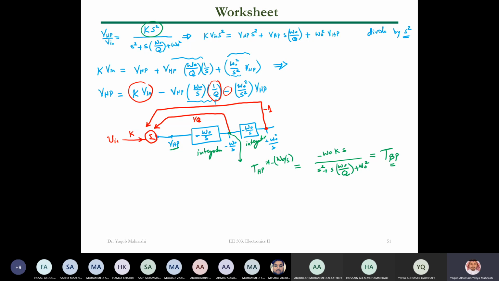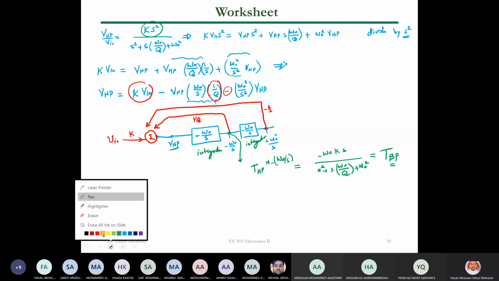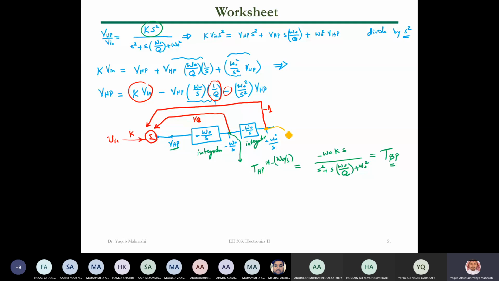If you take the same thing, and let me take another color here, maybe orange, and then let me call this one, let me do it here. This is a high pass filter again, but multiplied by, of course, omega squared over S now, because two integrator loop.